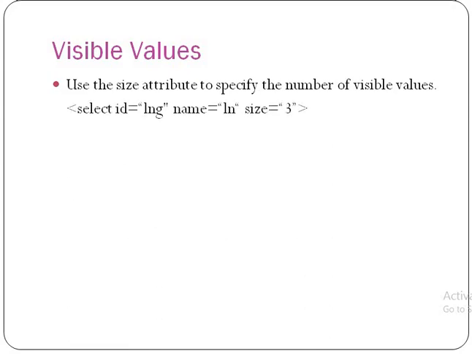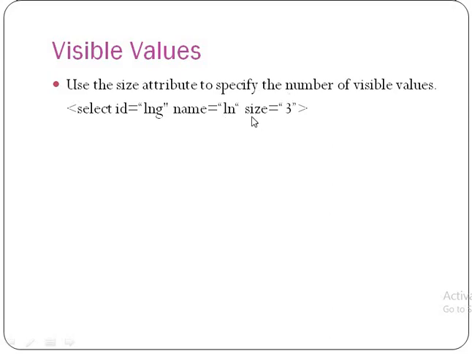So this can be done using an attribute size. This attribute is to be defined inside the select element. Already we have given two attributes in select element, that is ID and name. In addition to this, you can also include size attribute.